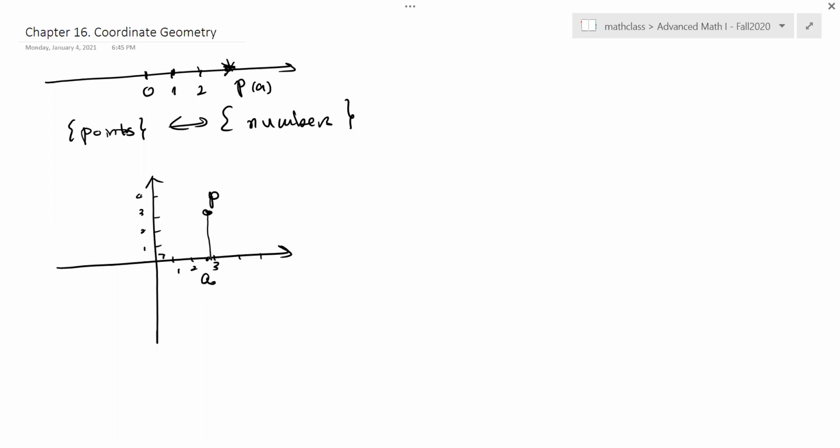If the coordinate at that point is A, then you draw another horizontal line and you get the intersection point. If the coordinate of the intersection point is B, then using A and B, we can describe the location of the point. So here we still have the points corresponding to an ordered pair of numbers.